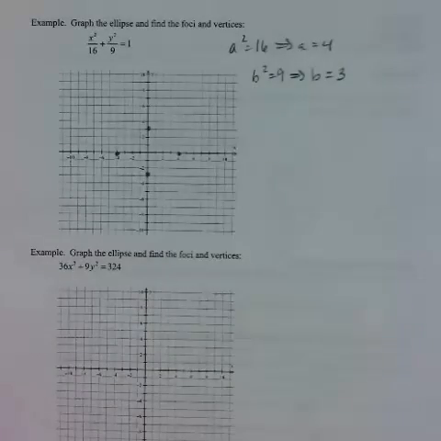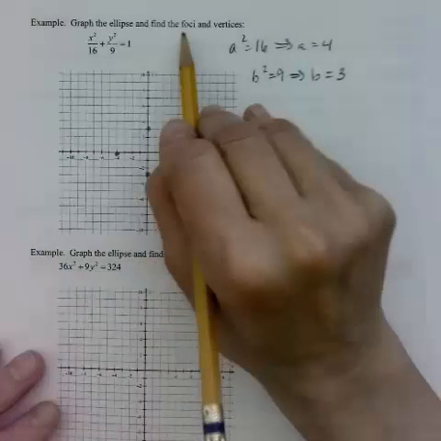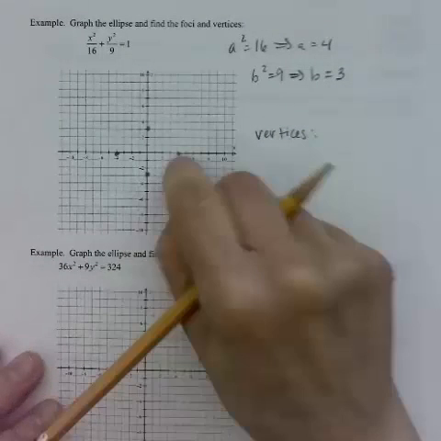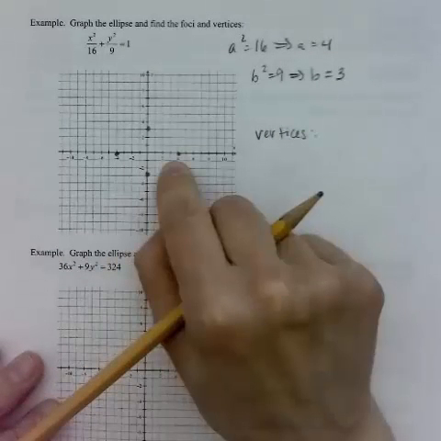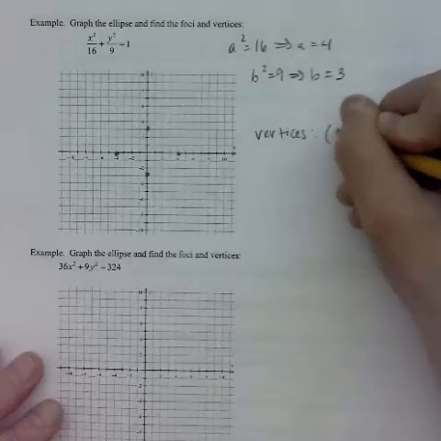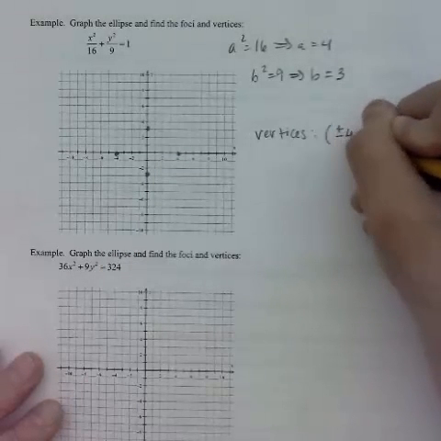Now, when it says to find the foci and the vertices, these are the vertices, right? So 4, 0, and negative 4, 0. If you want, you can write for short plus or minus 4, 0, which represent the points.